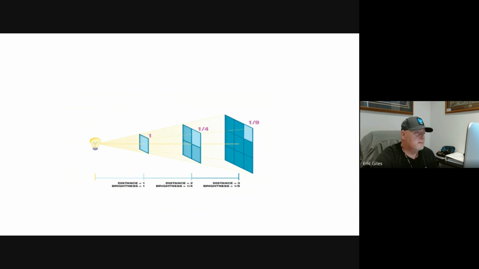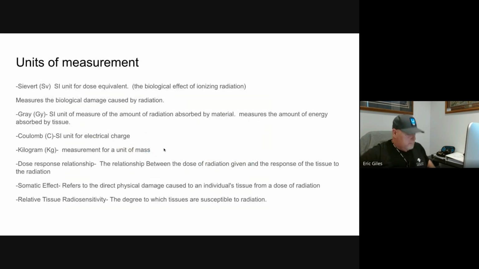So, all right, let's start talking about the biology of radiation, what happens with the body. There's a little bit of vocabulary in this one. Just be familiar with these terms. We don't do a lot of converting or anything like that, or you won't be expected to do. But SI units are this international standard for units. So sievert is the first one. It's the SI unit for dose equivalent, the biological effect of ionizing radiation.